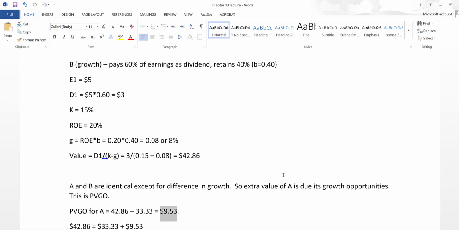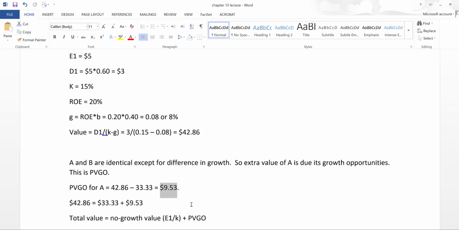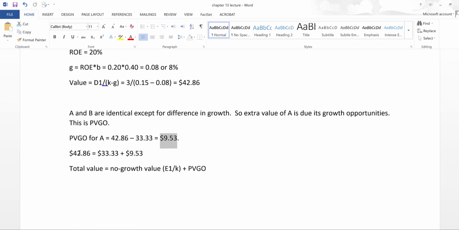The extra value that it was able to generate is due to its growth opportunities, and that is the value of growth opportunities today, and hence the name present value of growth opportunities. So we can break down the total value of any firm into two components. Sorry, this is the present value of B, PVGO for B. So total value for firm B is 42.86.